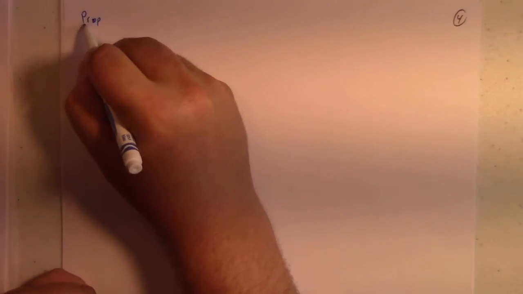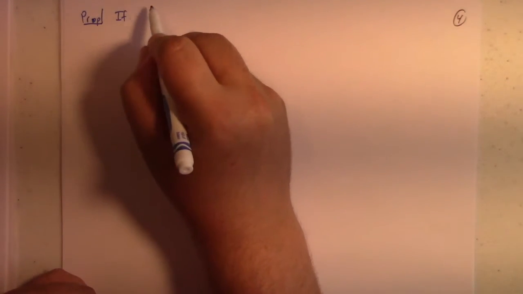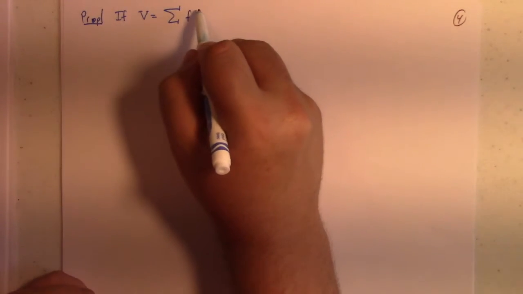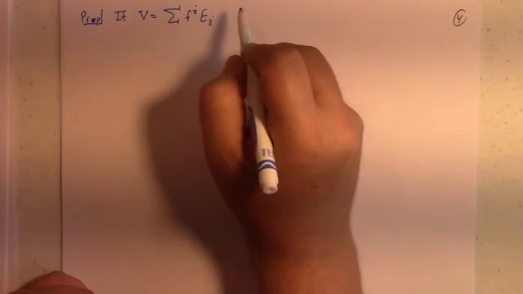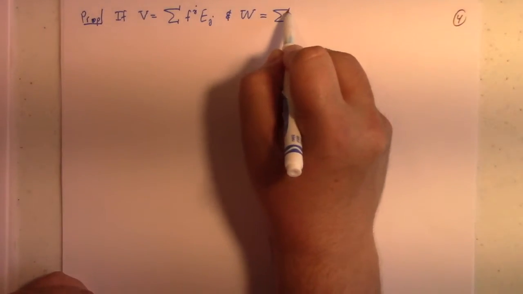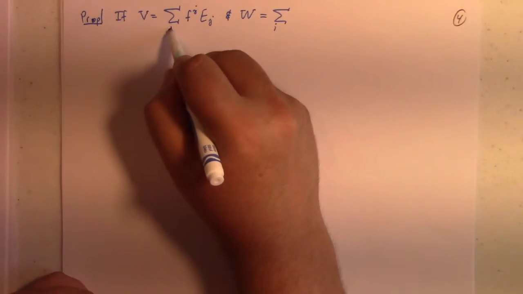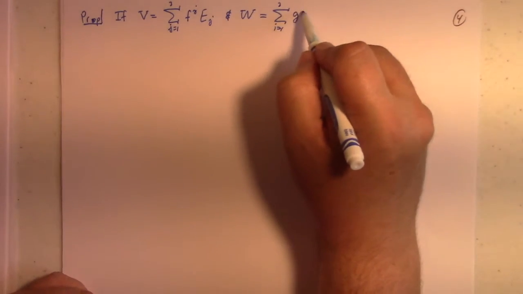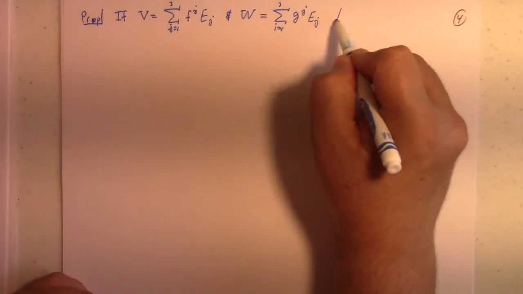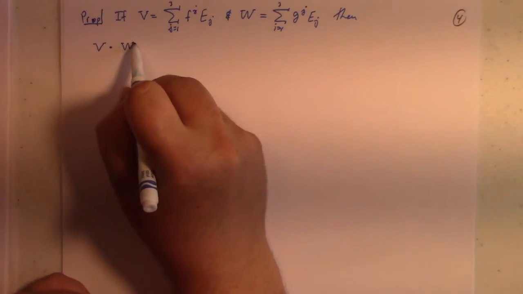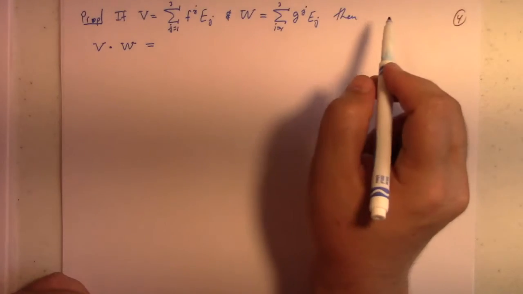So just get right to it. Proposition: if, let's say, V is equal to a sum f upper j ej and W is equal to a sum over i, let's say g upper i ei, then V dot W is equal to just what you'd like.